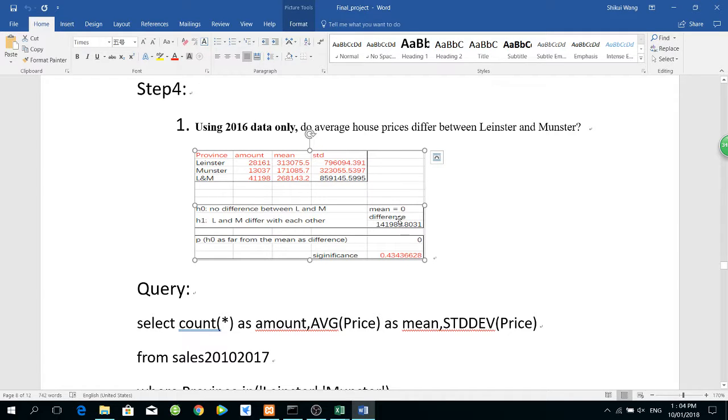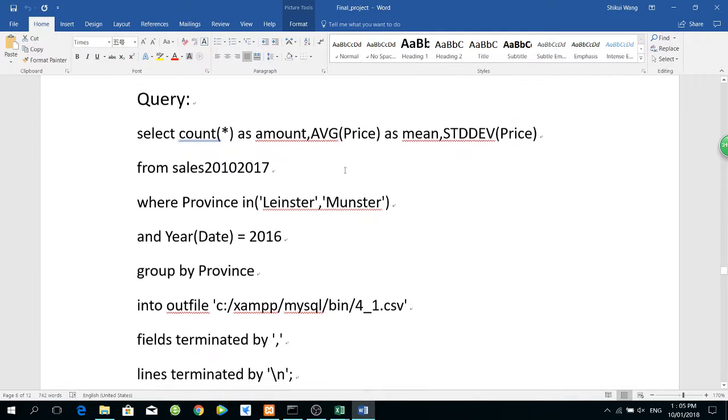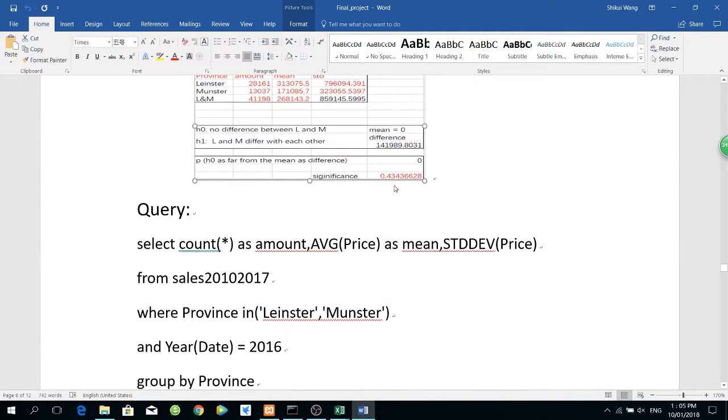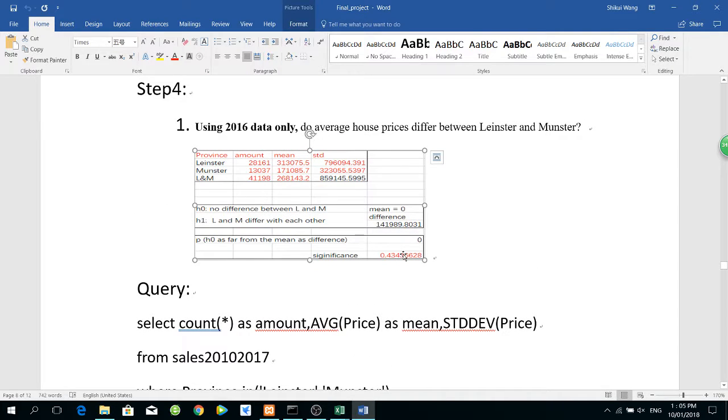For example, this standard deviation comes from the square root of this squared.